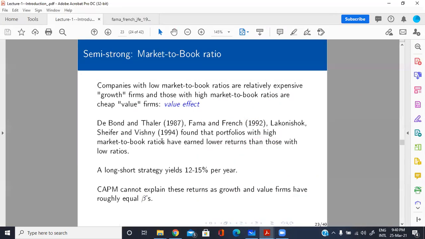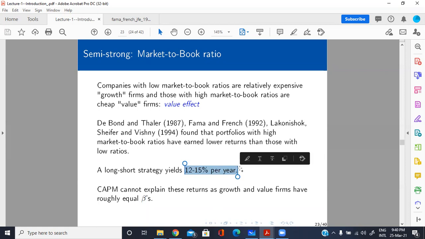The stocks which have higher book to market provide higher return. And if you make a long short, you long those stocks which have higher book to market value, and short those which have lower book to market. It provides you how much return? 12 to 15% per year.